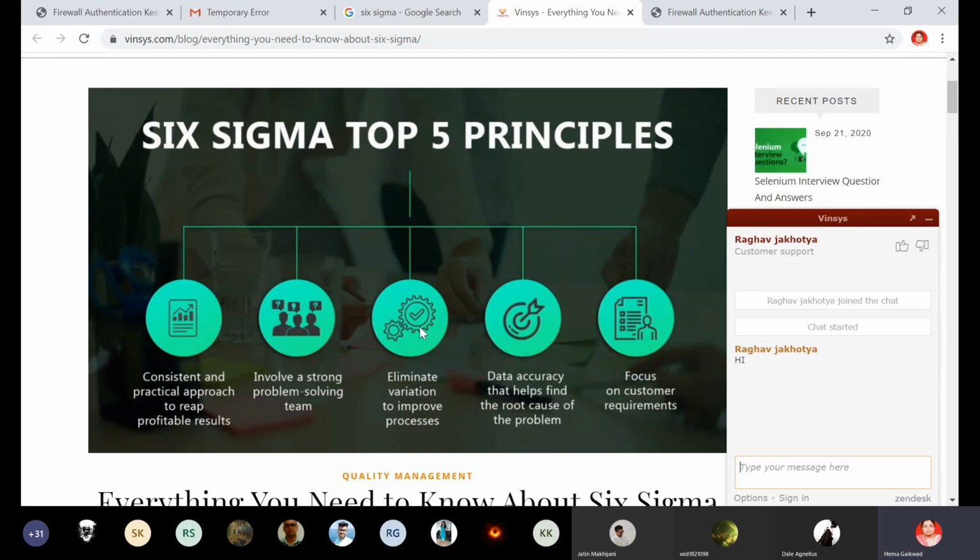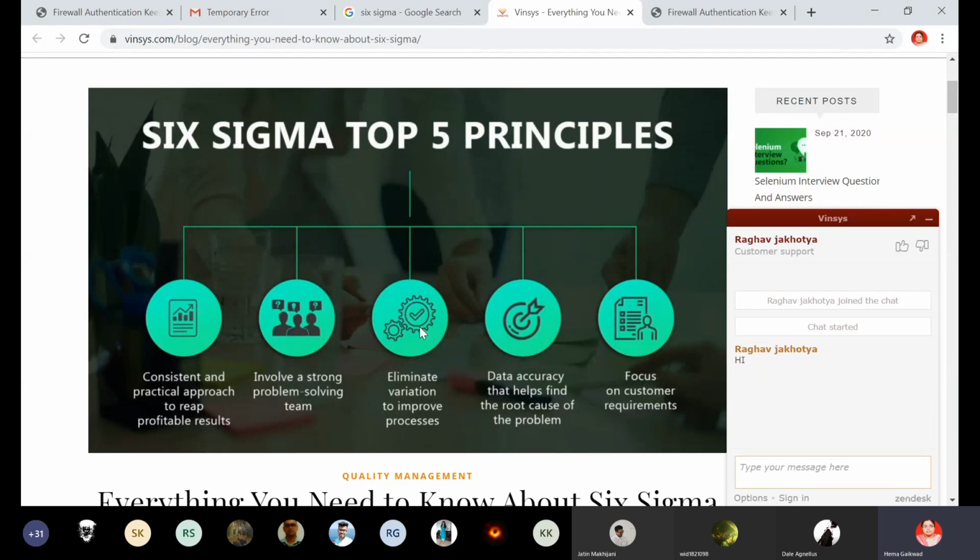If you have collected the requirements properly and documented them properly, automatically your process will be smooth, and if the process is smooth, the project will be smooth, and if everything is going well, we can achieve the good quality for a particular process. Clear? So focus on customer requirement is an important principle of Six Sigma.